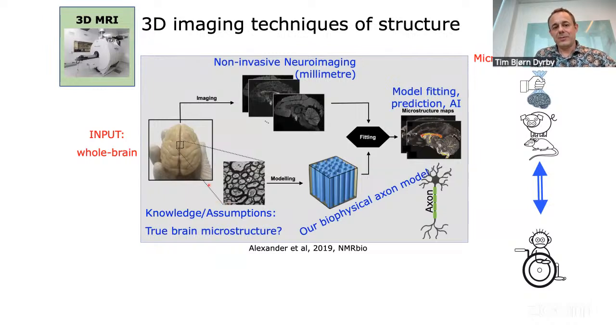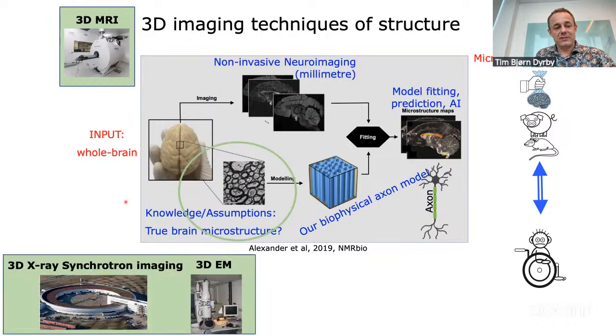We can also image these features directly using microscopy, and this is often where we get our knowledge about how our model should look. These models come from these assumptions. And what I'm going to talk about today is these 3D X-ray synchrotron imaging techniques, and there are also possibilities for 3D EM.